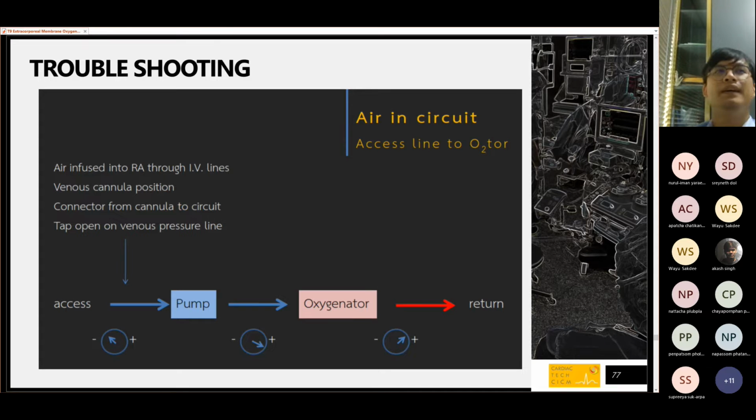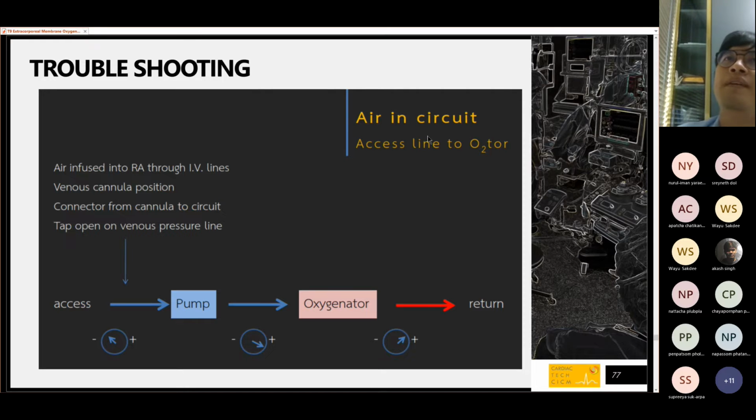So let's say I'm going to use this simple circuit here, with the access, pump, oxygenator, and return. You're going to see the direction and also the pressure gauge here.